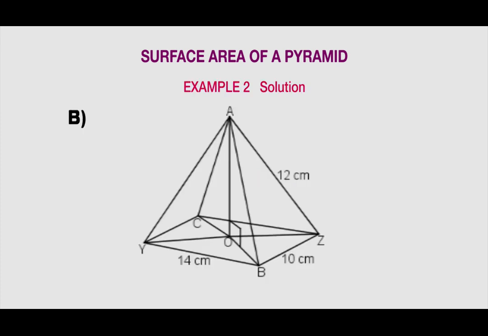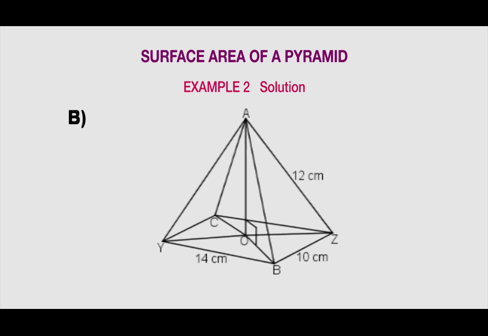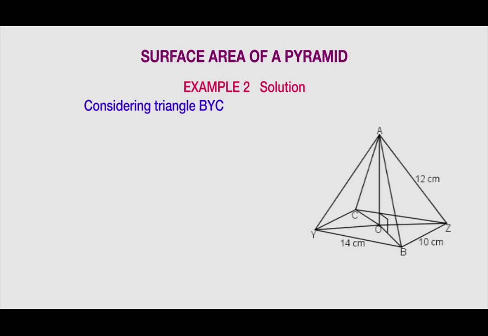We are to calculate the height of the pyramid, which is OA from our diagram. We first find the diagonal BC and then divide the diagonal by 2 to get OB. Let's consider the base of the pyramid and apply our Pythagoras theorem. From triangle BYC, the length YC squared plus YB squared is equal to CB squared.